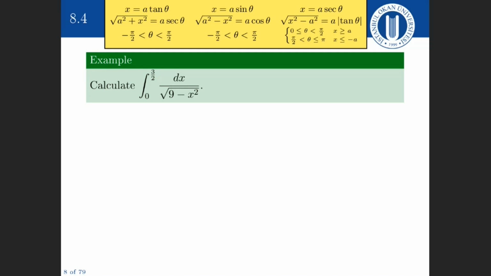Calculate the integral from 0 to 3 over 2 of dx over the square root of 9 minus x squared. Which of these three substitutions should we use? The left one, the middle one, or the right one?